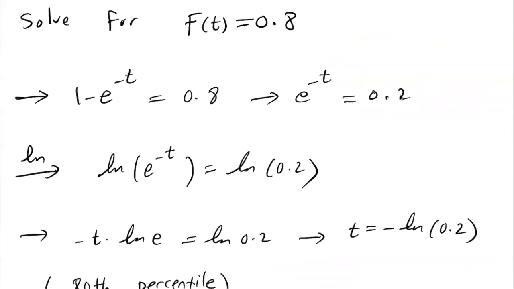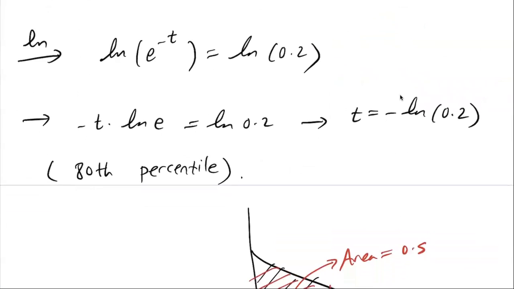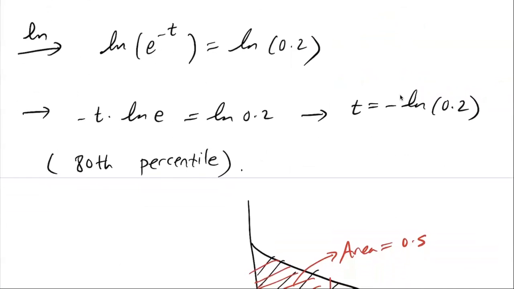And for example, the 80th percentile means the number on the x-axis at which the area becomes 0.8 in this case. So again, when we say t equals minus ln 0.2, ln 0.2 means ln 1 over 5, which is minus ln 5. So another minus, this becomes ln 5. This is the same as ln 5.